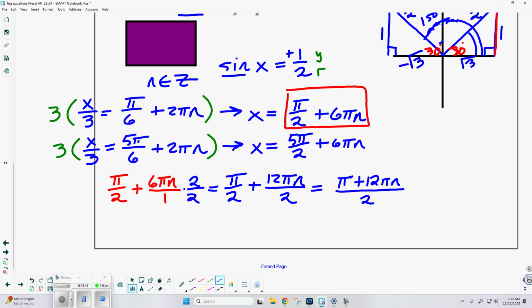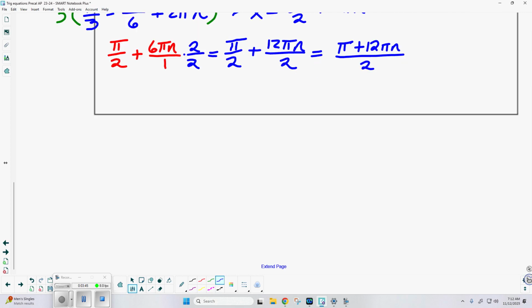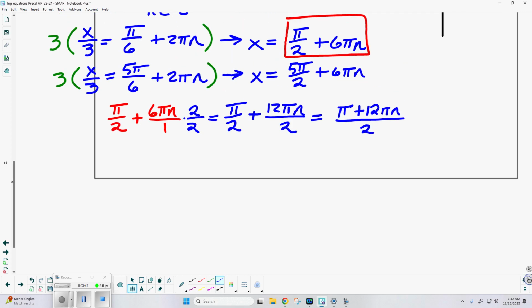Okay. And now I just want to start putting in as many values for n as I can. Let's start with n equals 0. So if n equals 0, I've got pi plus 12 pi times 0 divided by 2. Well, anything times 0 disappears, so I have a solution of pi over 2.